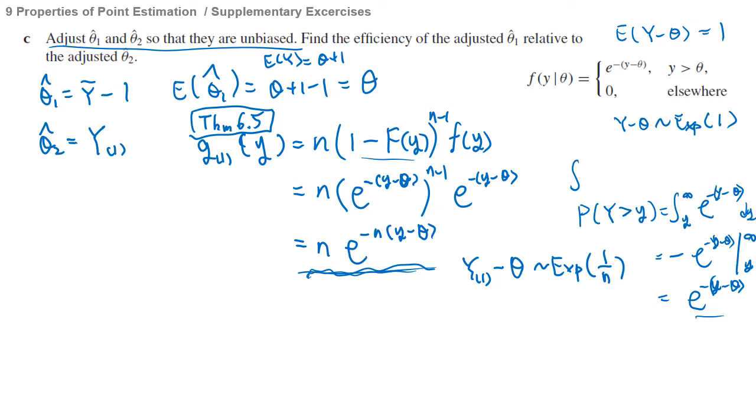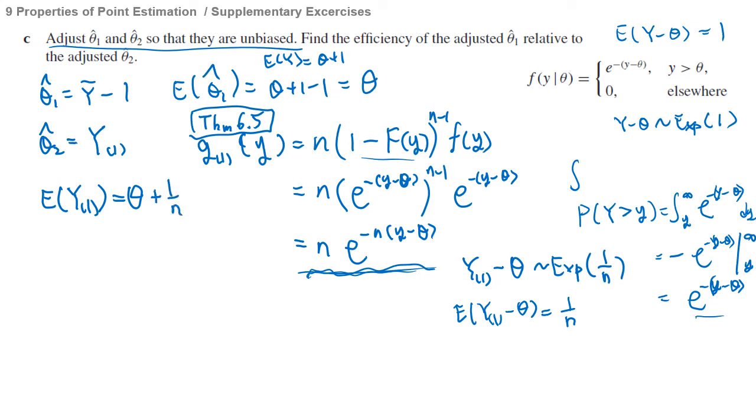And so what we can check is that the expected value of y1 minus theta is 1 over n, and so the expected value of the first order statistic is theta plus 1 over n.